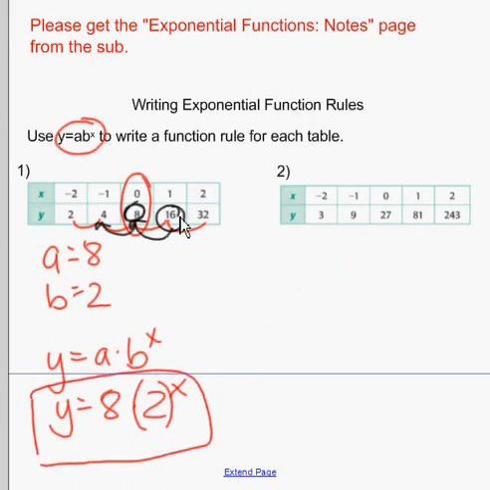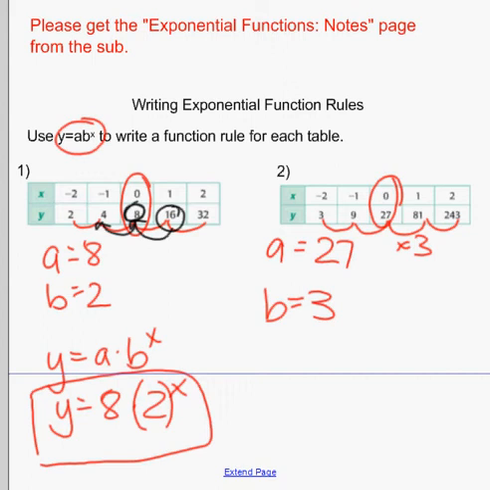Let's take a look at number 2. So again, the a is going to be the easy part. You look to see where x equals 0. Our a is equal to 27. Then, to find b, you ask, what am I multiplying by every time? I'm always multiplying by 3, so my b is equal to 3.